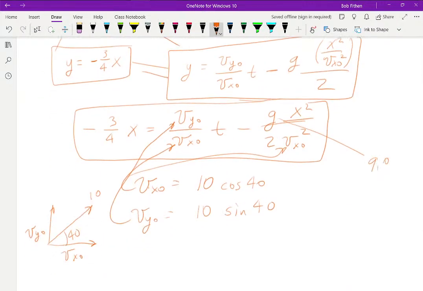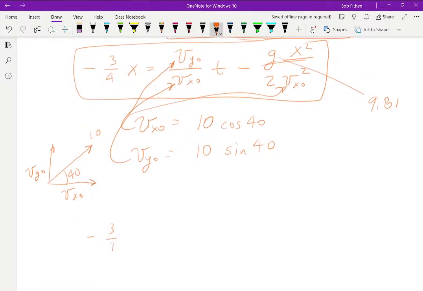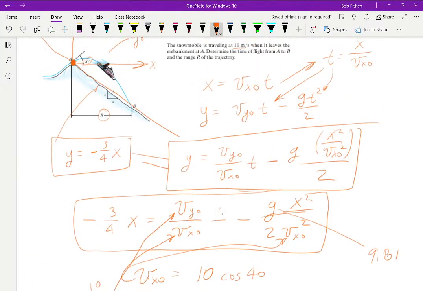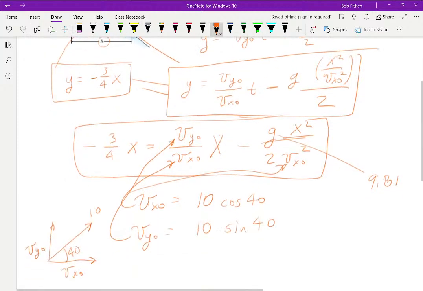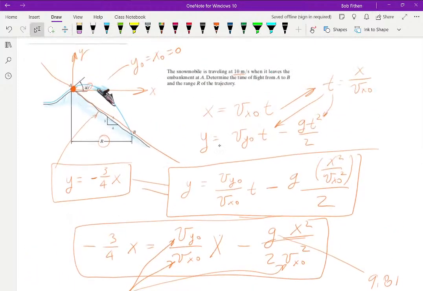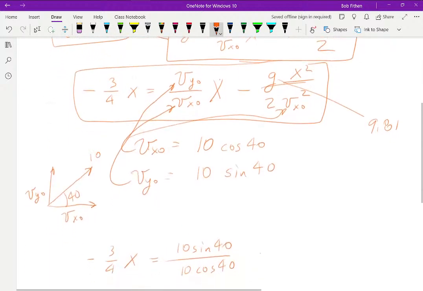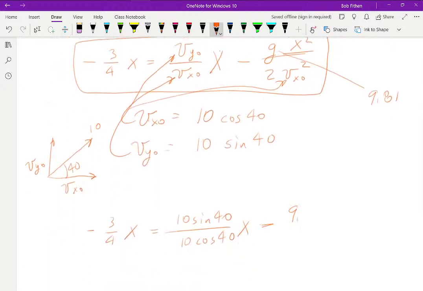So put in 9.81, and what you end up with is minus 3/4 x equals Vy naught, which would be 10 sine 40 over 10 cosine 40 times x, this should be x right here, and should be x right there, x minus 9.81 x squared over 2 times the number 10 cosine 40.